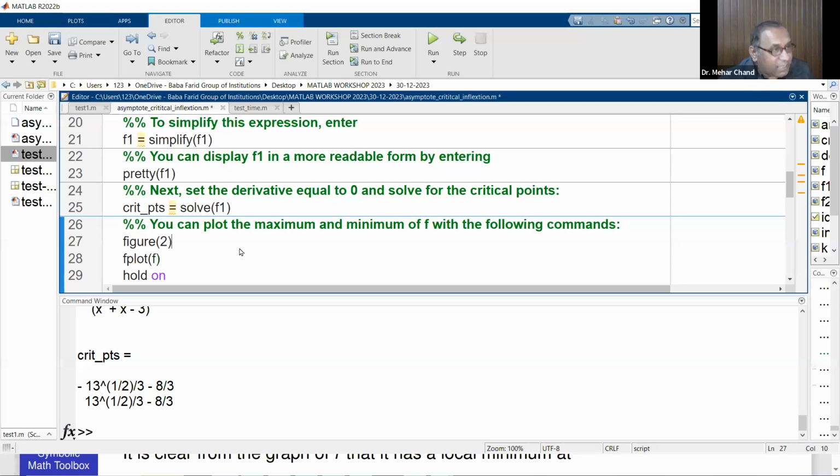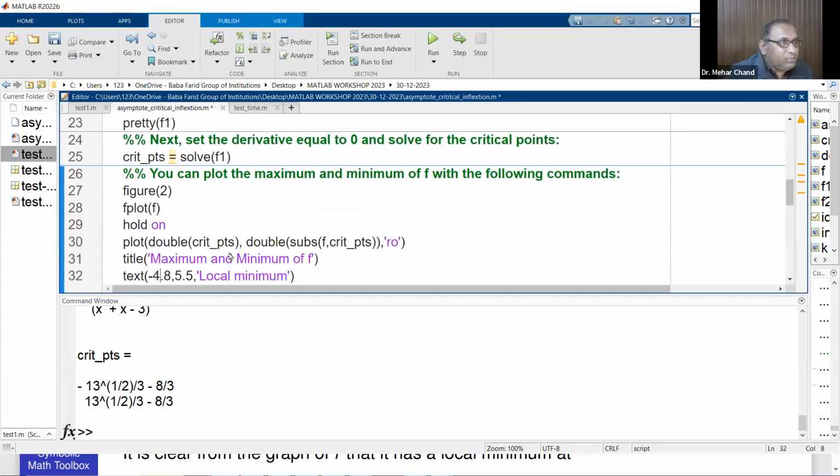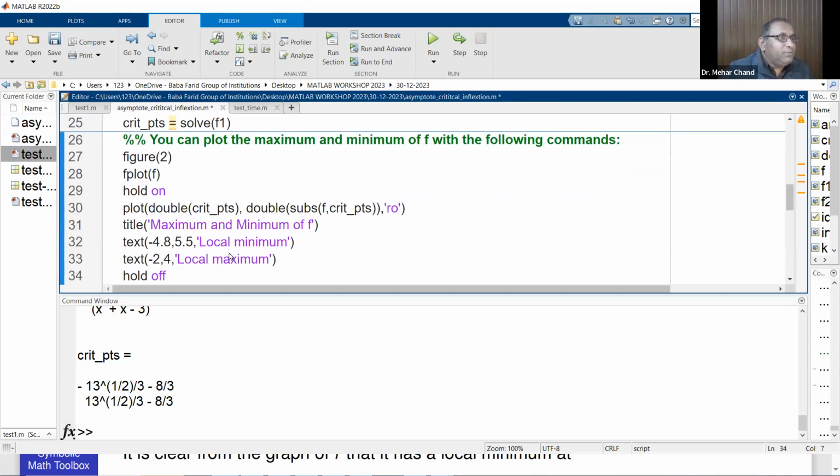We are using the same function. First we plot the f function, then we use hold on, as you know. Here you will plot these values. We are using hold on here, and at this place we have hold off. Then double critical points: you substitute the values of the f critical points, and this is the marker for the critical points which you get.